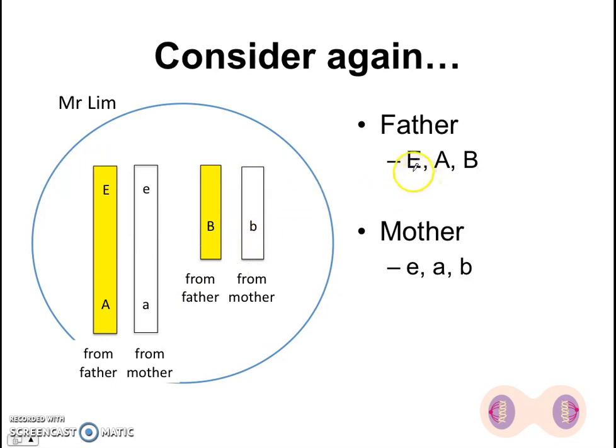So my father gave me this combination of alleles. He gave me a capital E, capital A, and capital B allele, right? So it could be like dark hair, dark eyes, black hair, black eyes, and something else. But my mother gave me this combination of alleles. She gave me the small e, small a, and small b allele.